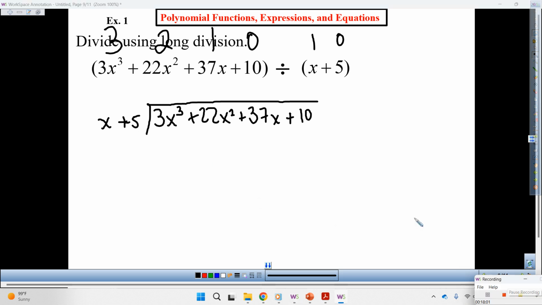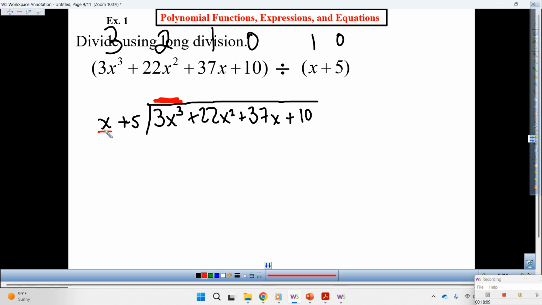All right, here we go. Writing utensils on. Look up to the screen. So now we get started with our division. Here it goes. I go to the first spot on top of the division and ask the question, what number times x gives me 3x cubed? Think about it.